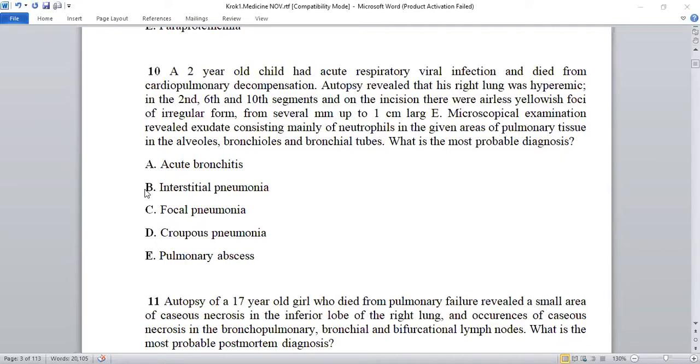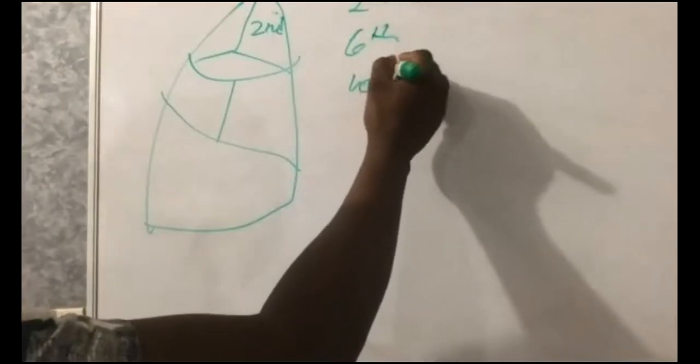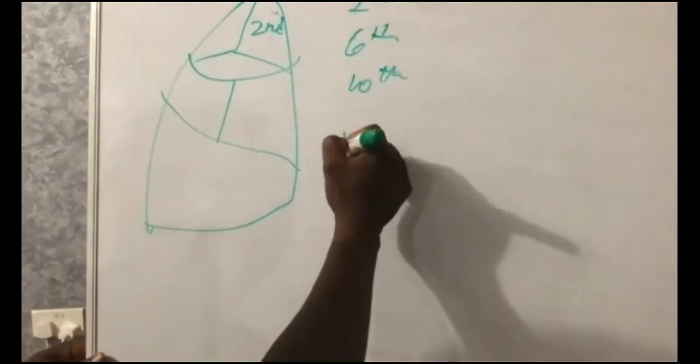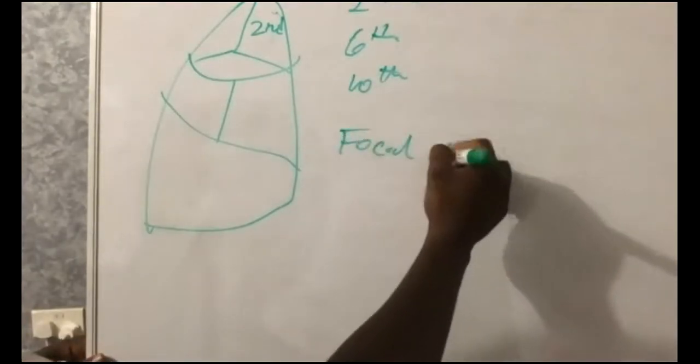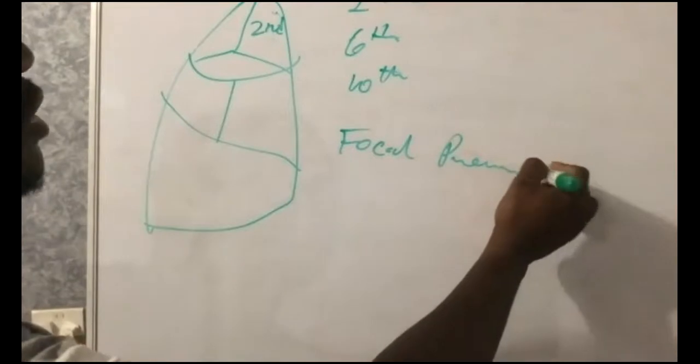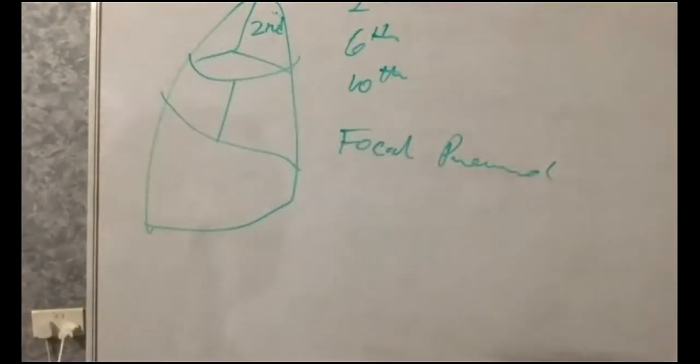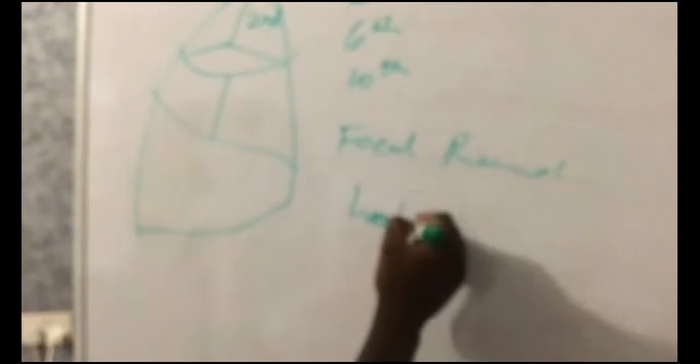So first of all, when you see a question like this describing an inflammatory process going on in the alveoli and the bronchioles, and they tell you that multiple segments are involved, like the 2nd, the 6th, and the 10th, then please just go straight and think of focal pneumonia. Because if it is occurring in one lobe, it usually presents as a lobar pneumonia or croupous pneumonia.